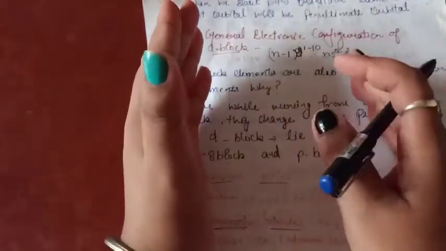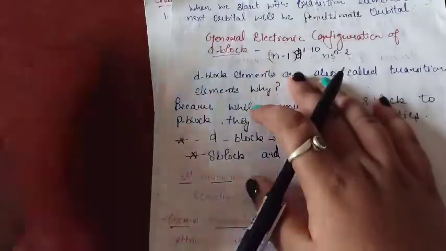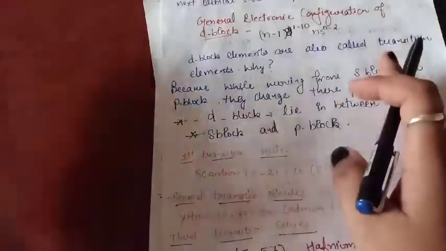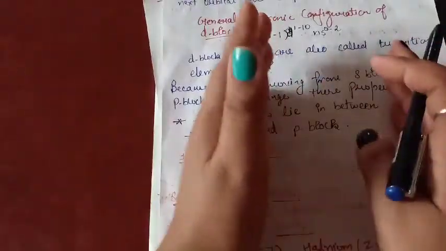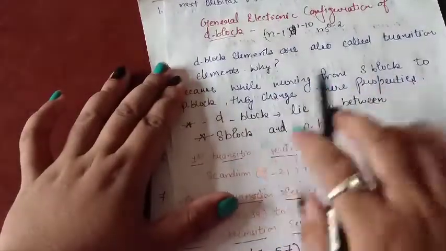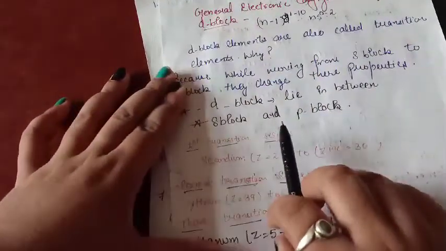D blocks are metals, S block are also metals, so properties are changing from metal toward non-metal. That's why they lie between S and P. D block lie in the center, S on the left side, P on the right side. So they lie in between metals and non-metals, and that's why these are known as transition elements.